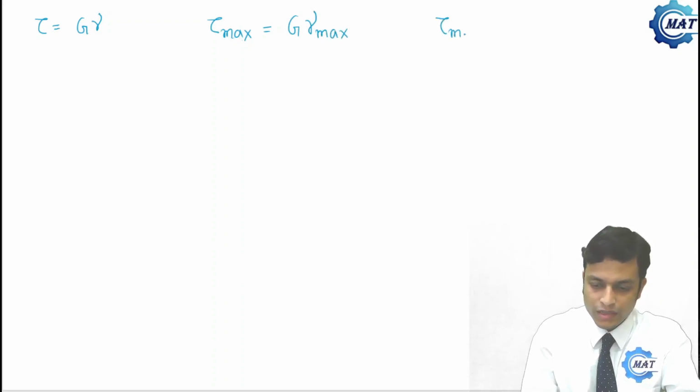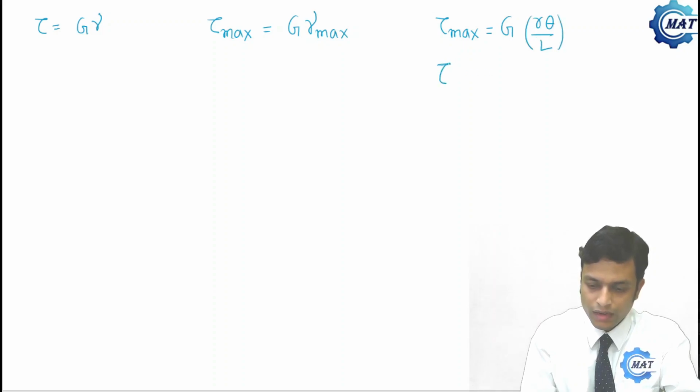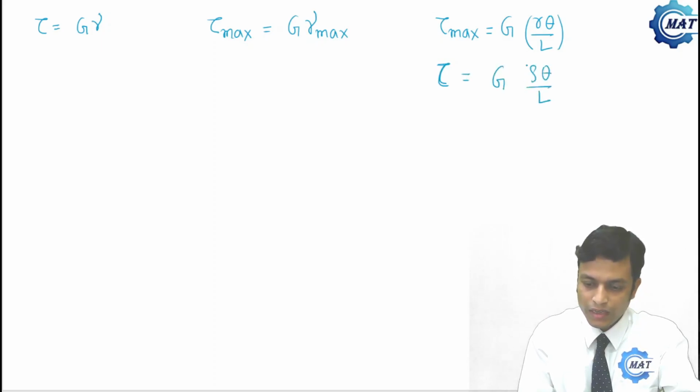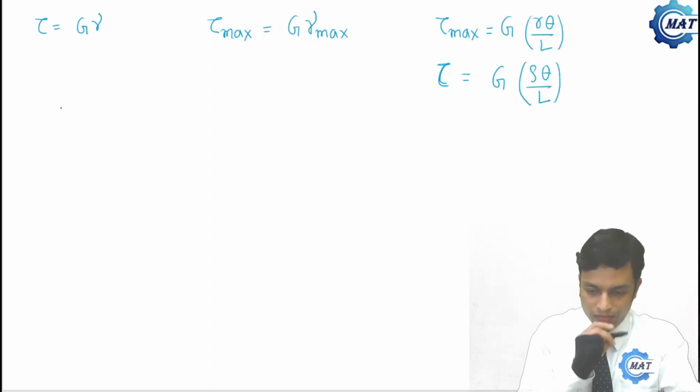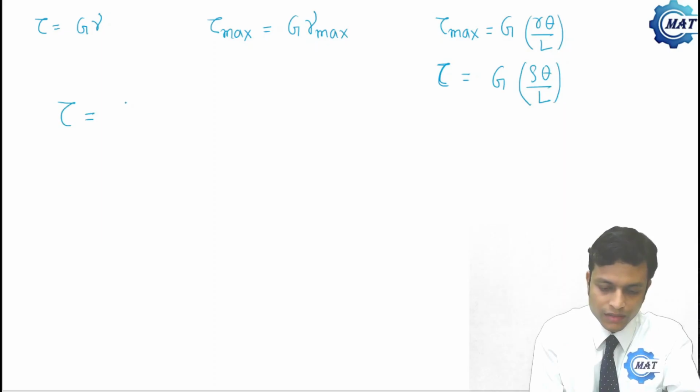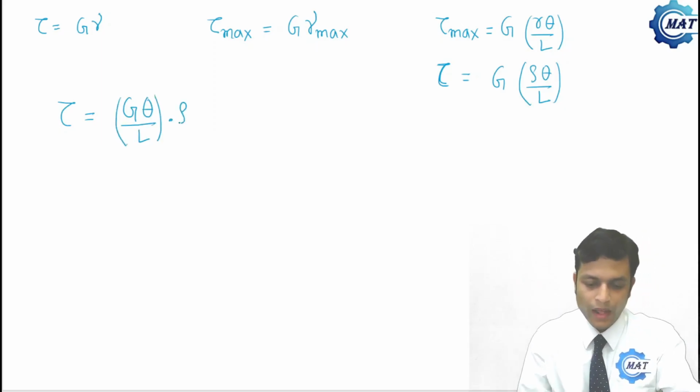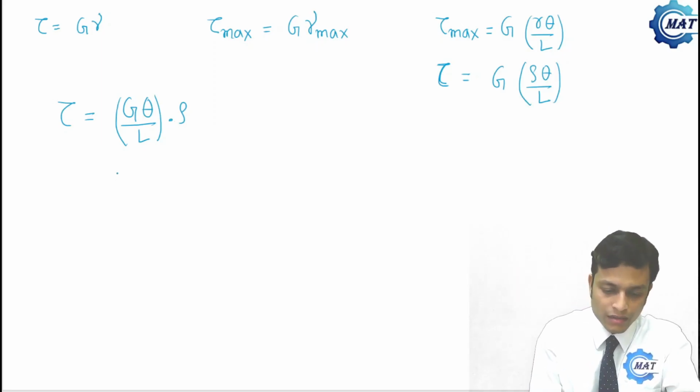The expression of tau max is G r theta by L, and shear stress at anywhere is G rho theta by L. That is, tau is G theta by L into rho. That is, shear stress is directly proportional to the radius. That is what the distribution of shear stress will be.